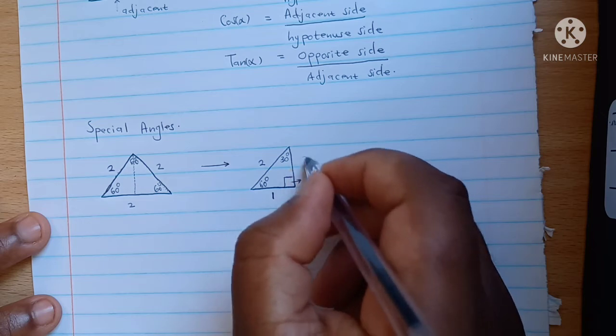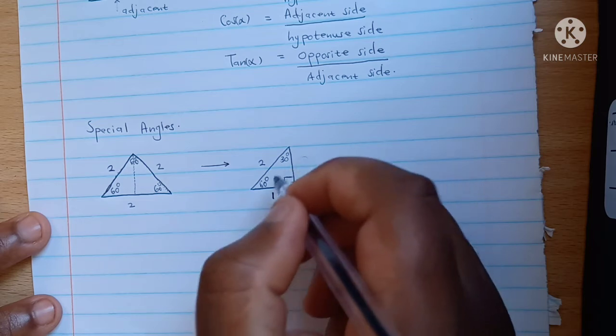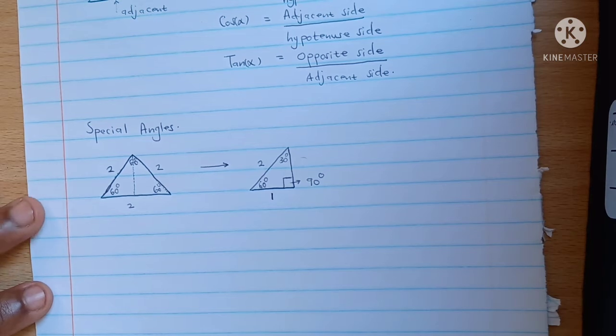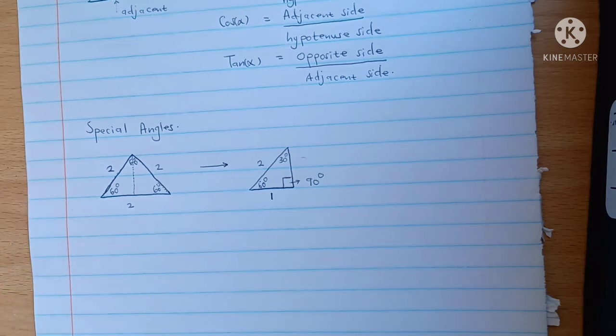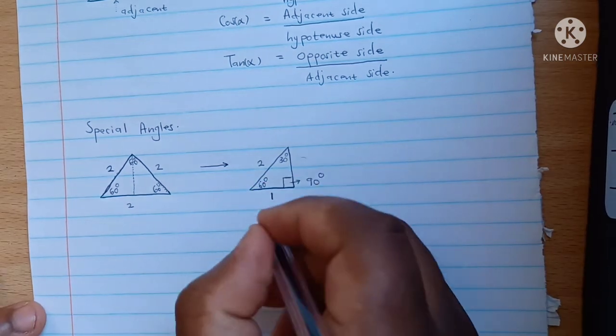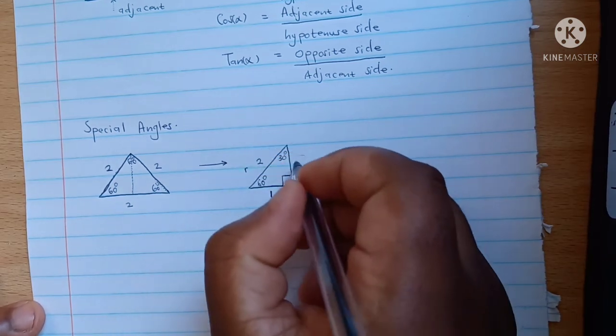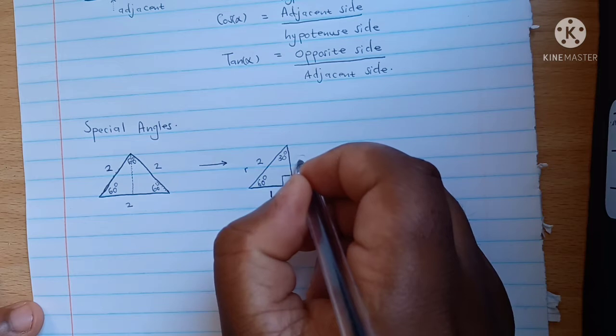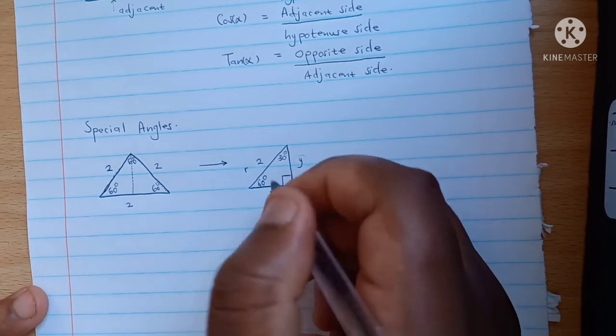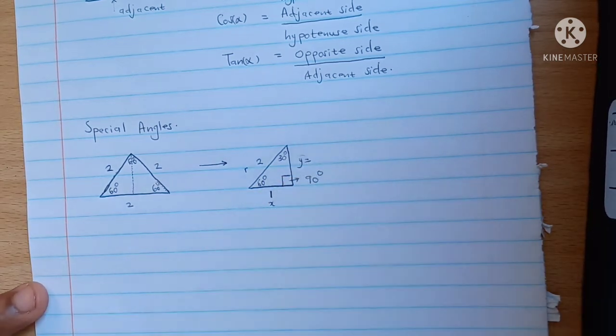Now we need to use what we call the theorem of Pythagoras. The theorem of what? Pythagoras. Now, let's say this side is x, this side is r, and this side is y. Now we need to find the side y.